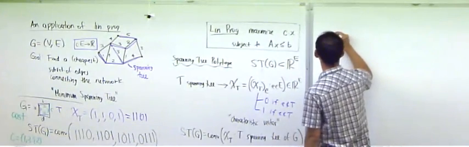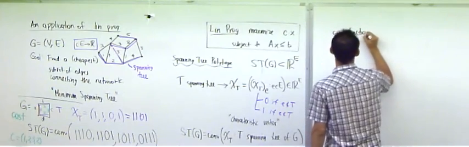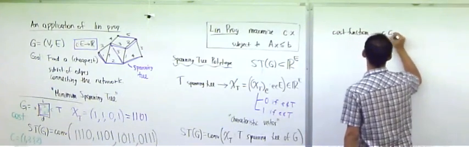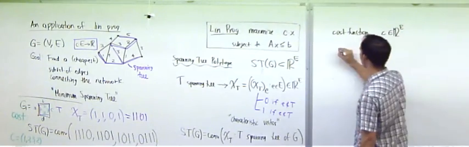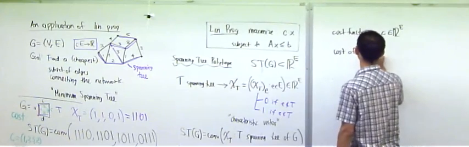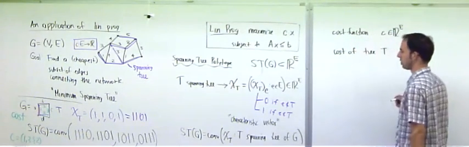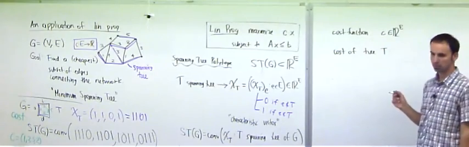So if I have my cost function, basically I can think of it as living in R to the E, okay? And what's the cost of a tree T? Well, you see, if you take the dot product, for example, what is the cost of this purple tree here?